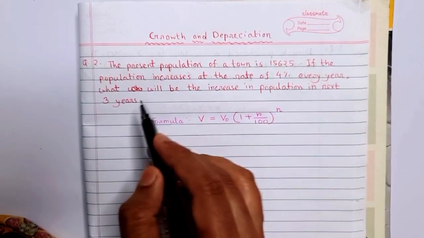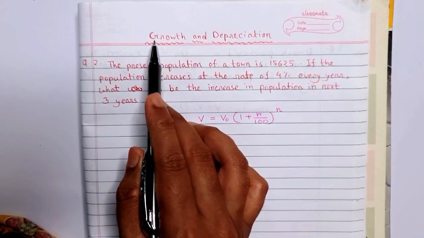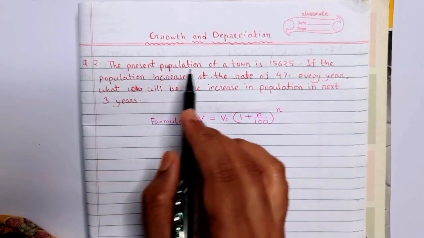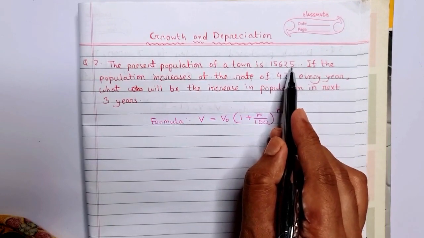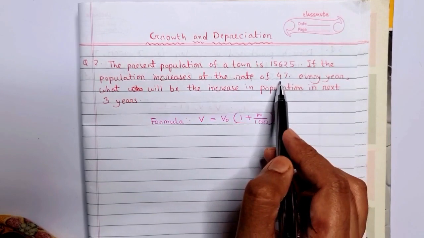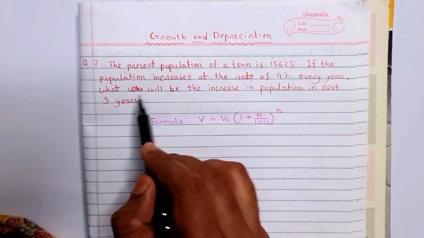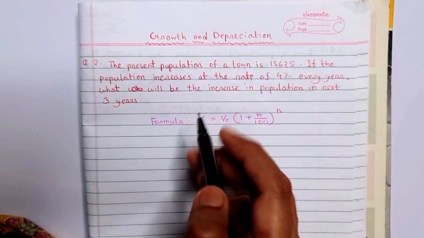For example, let's do a sum from this growth. The present population of a town is 15,625. If the population increases at the rate of 4% every year, what will be the increase in population in the next 3 years?